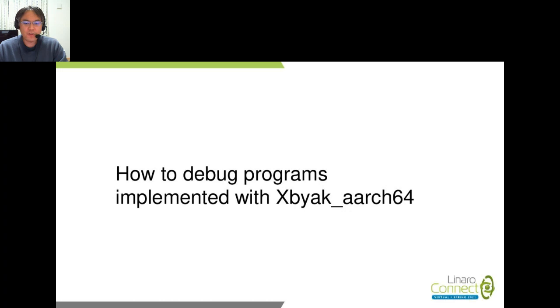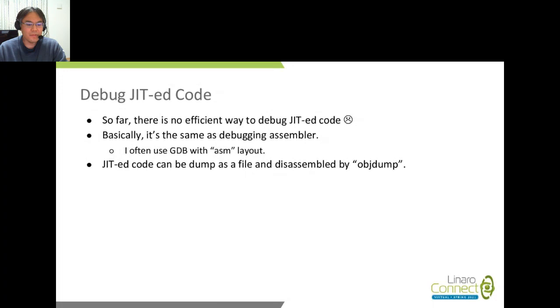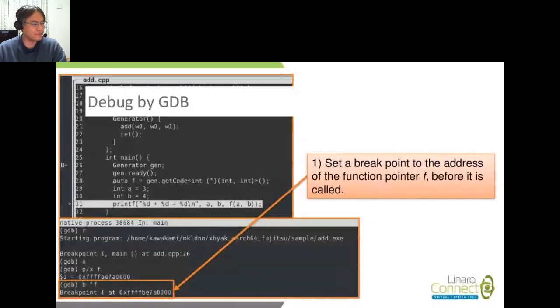Next, I will discuss debugging methods. At the moment, there is no efficient way to debug JIT code. So basically, it's the same as debugging assembly code. I often use GDB with the asm layout. The JIT code can be dumped as a text file, so it's also helpful for debugging.